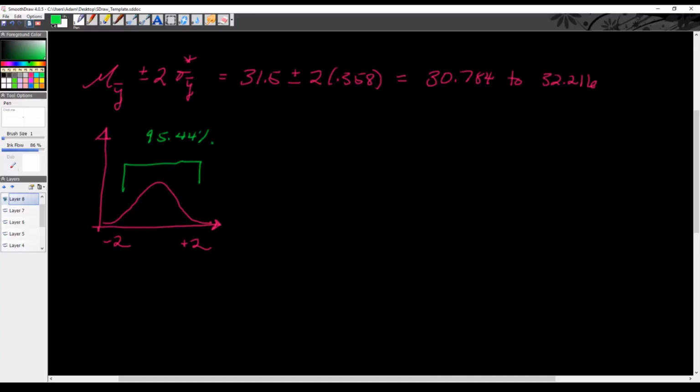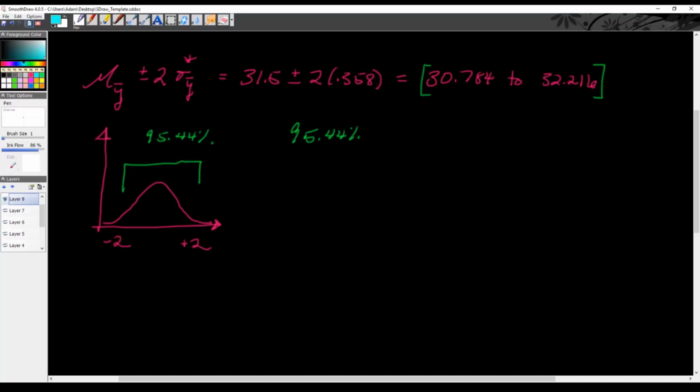I could look at a z-table to find this information out. I just used theta. So what's the result? Thus, 95.44% of all possible sample means lie in the interval 30.784 to 32.216. So 95% of all possible sample means lie in that interval.